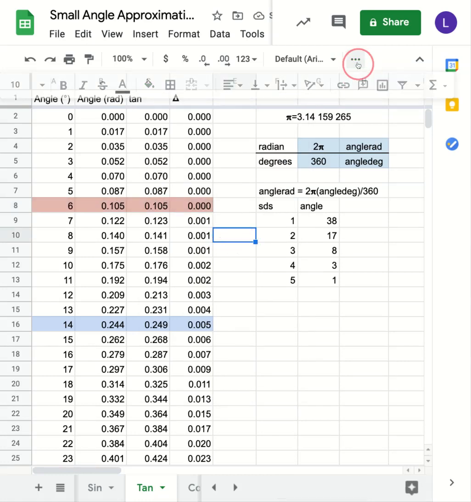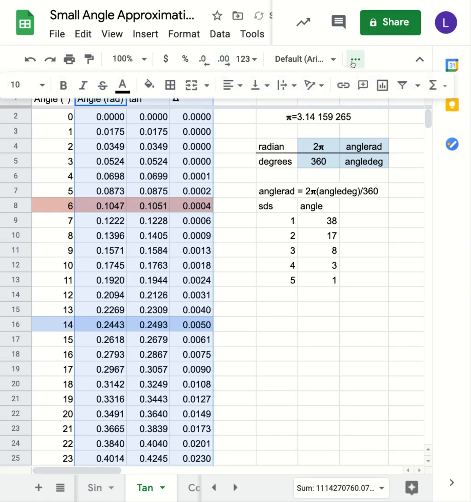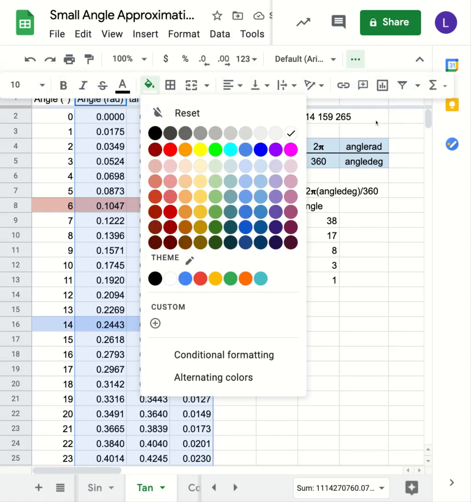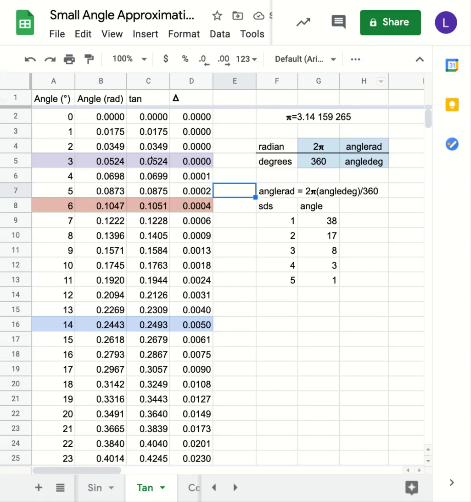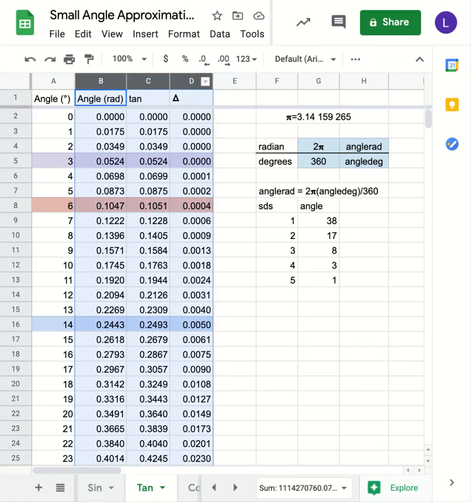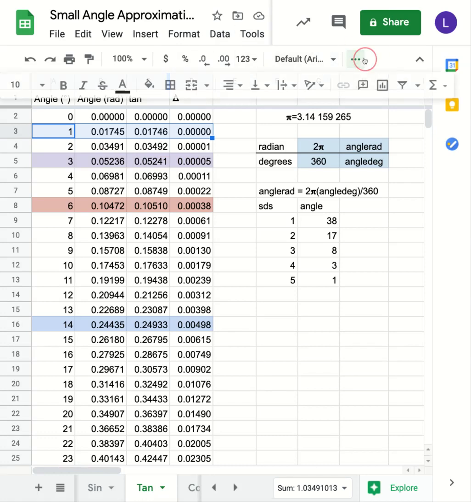Let's go to 4. Four significant digits comes into play at 3 degrees. And of course, we wonder then, will it occur with 5 significant digits? Or should we say the 100,000th place? And we can see that we have agreement to the 100,000th place at 1 degree.